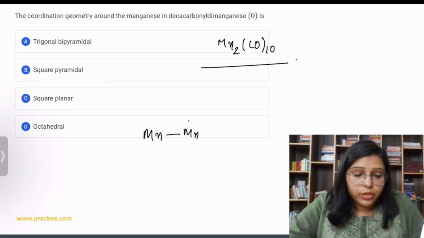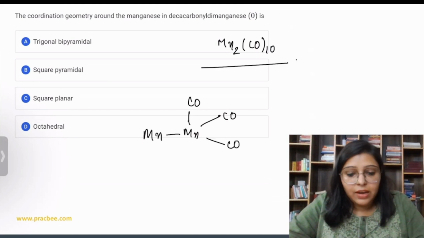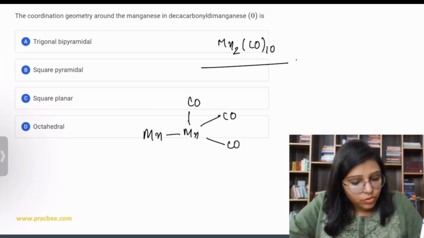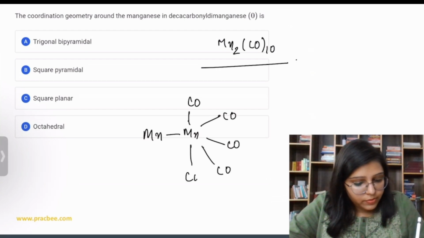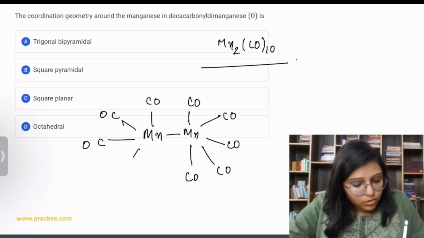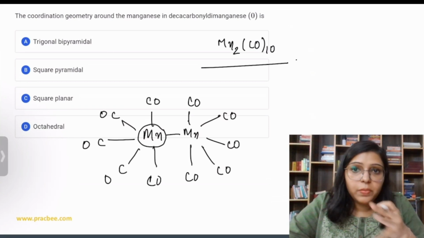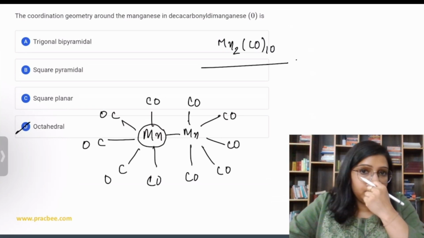So if I draw the structure, it is going to be like this: Mn, Mn, and then CO, CO, CO, 4, 5 bits, this is CO, CO, CO, CO, CO. So manganese forms how many bonds? Total 6 bonds now. So the geometry around manganese is going to be octahedral, right?